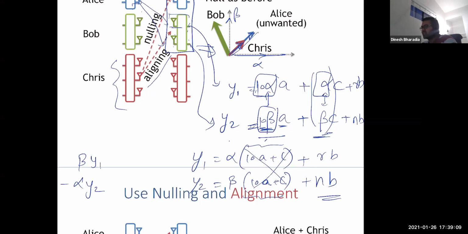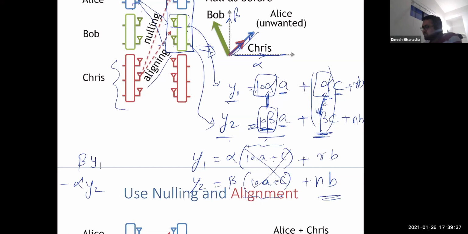This will all then become intuitive. What I'm saying is, what is alignment? Alignment is that the coefficients associated at y1 and at y2 follow the same ratio. So let's take an example. The channel gains associated with A and C follow the same ratio. Correct?